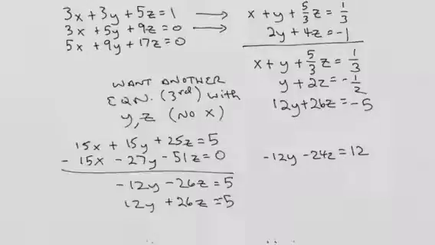So I multiplied by negative 12. And then I am going to add this equation with this equation. I am going to rewrite this, and add this, and I'll have an equation with just z in it.